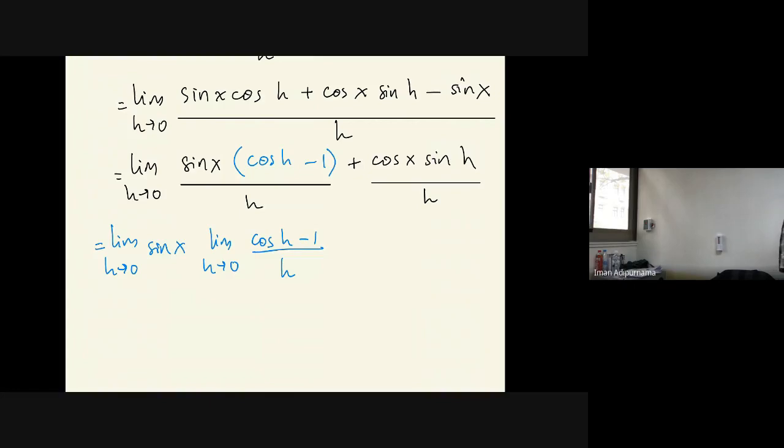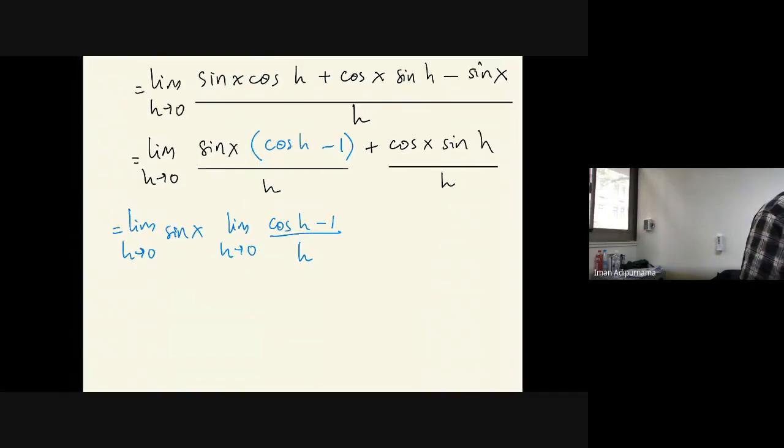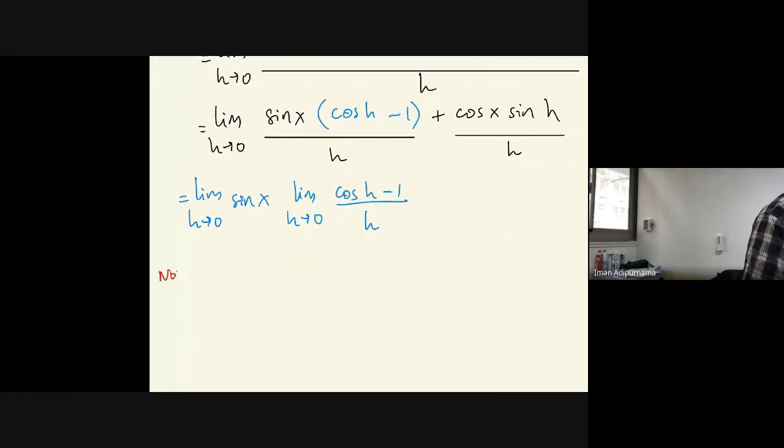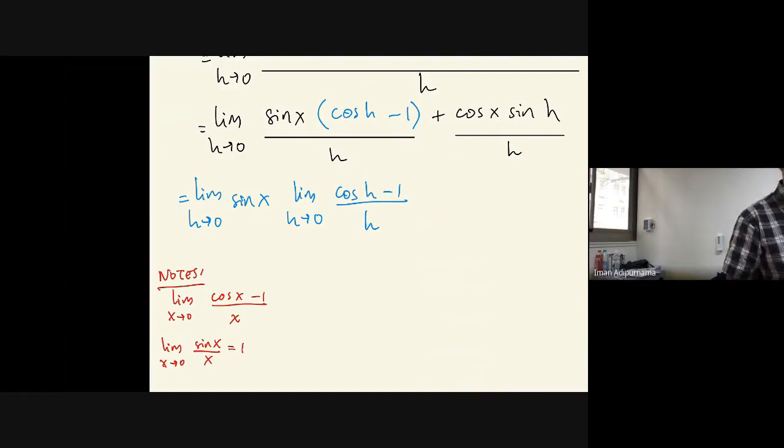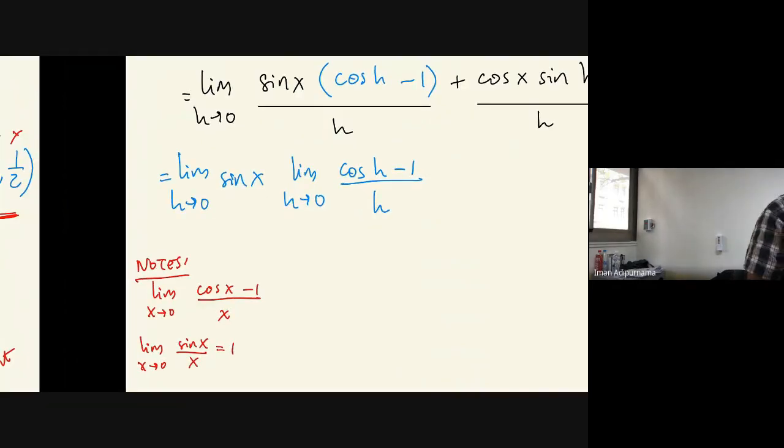I haven't told you, right? Haven't? Okay. Let me write with the red color. So these are notes. So if you have limit, let's just say x approaching 0, cos x minus 1 over x. Remember that we have proven that when you have sine x over x, it's 1. Remember this.